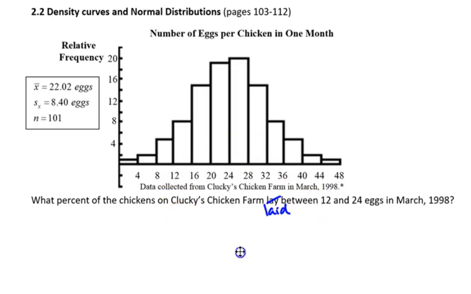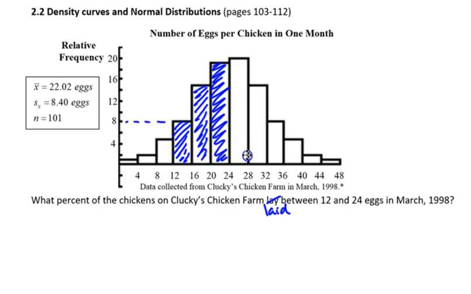So between 12 and 24, we have a bar here from 12 to 16, from 16 to 20, and from 20 to 24. Remember that if I were to count up everything in all three of these bars and add them together, that would be the total percentage for between 12 and 24 eggs. So if we read over here, this one looks like it's about 8%.